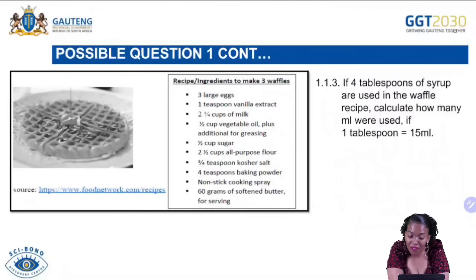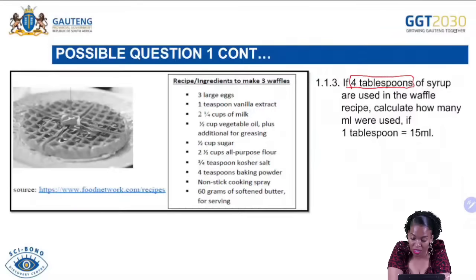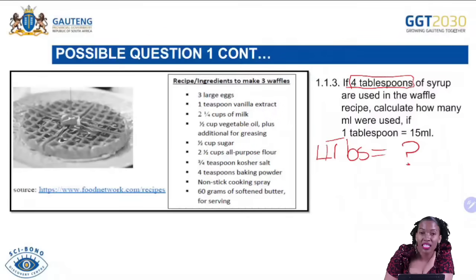1.1.3, if 4 tablespoons of syrup are used in the waffle recipe, calculate how many milliliters were used if 1 tablespoon is equal to 15 milliliters. So I'm going to write down there that, okay, 4 tablespoons will give me how many milliliters? I don't know. But what do I know?